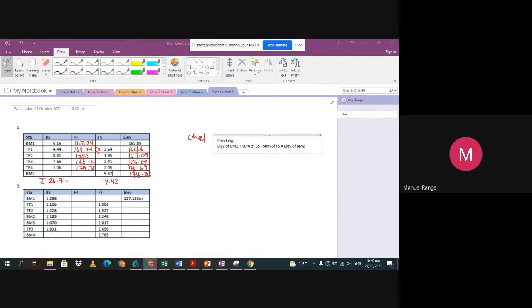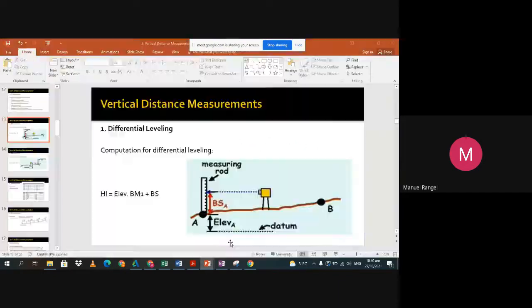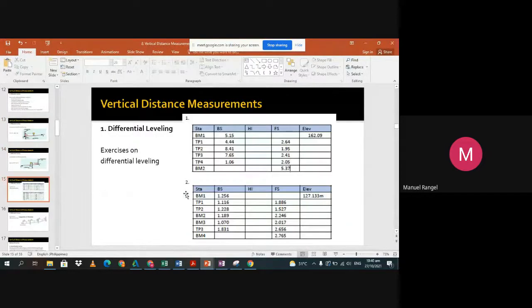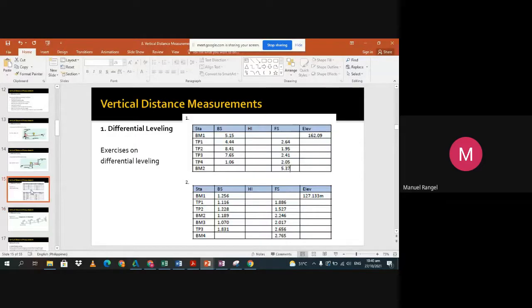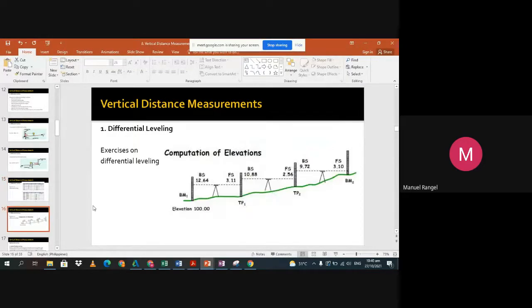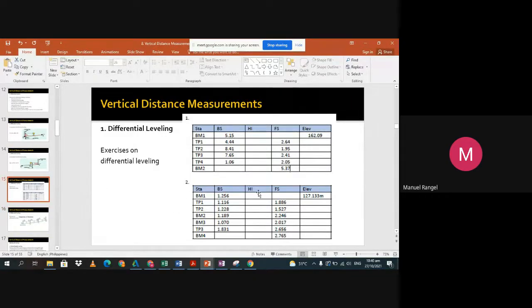Okay, next. So, duha ang assignment. Kining problem number 2 and this problem, kini i-tabulate gihapon ninyo siya into table.